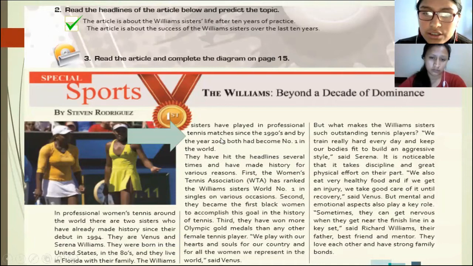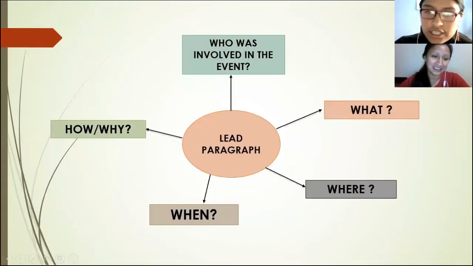Did you understand, or maybe do you have any question? Teacher, can you repeat because I didn't listen carefully? Okay. You are going to try to complete this graphic organizer using information from the previous article, right? Okay.